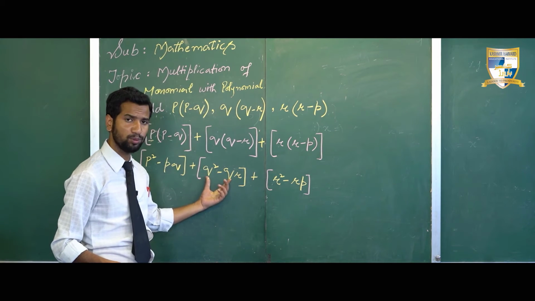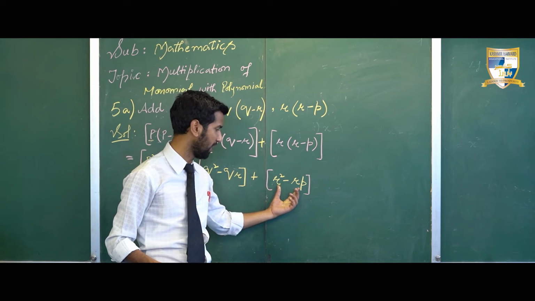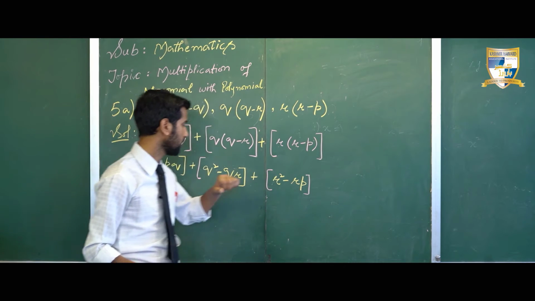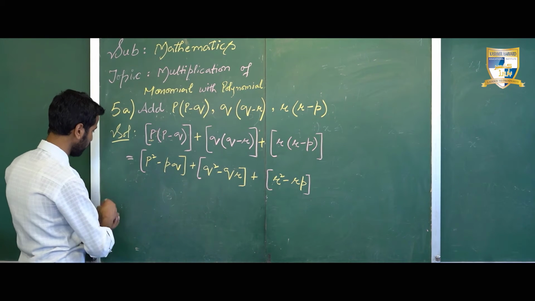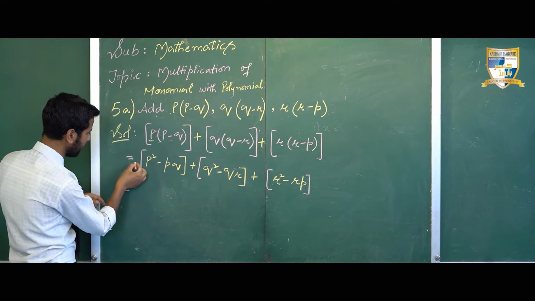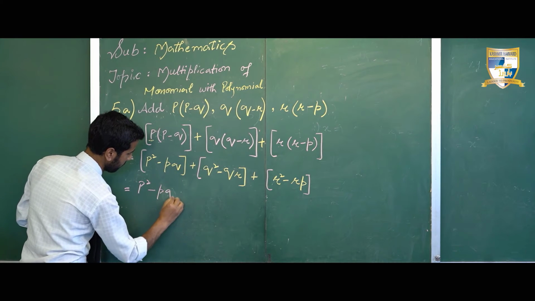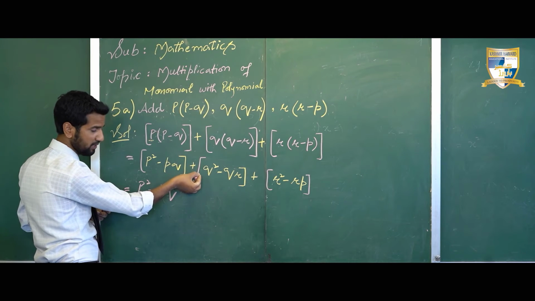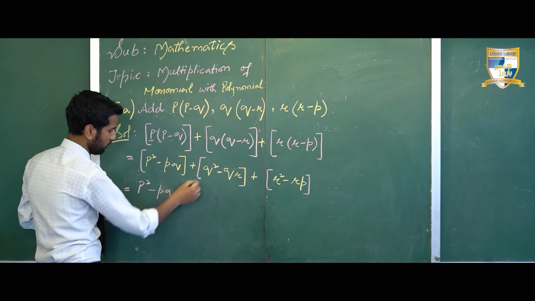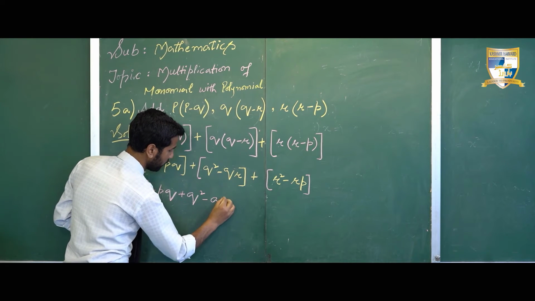Once again here we have two unlike terms, so we can't subtract them, and here we have once again two unlike terms, so we can't subtract them. So now we are going to remove brackets. By removing the brackets here, we will get P square minus PQ. Now there is an immediate plus before the brackets, so it will be Q square minus QR.